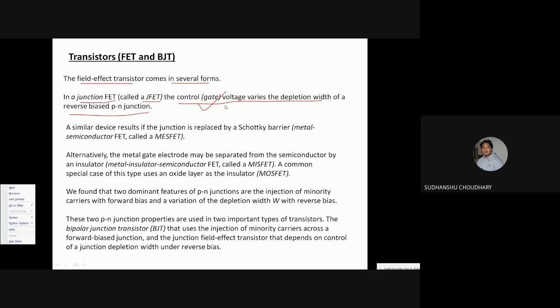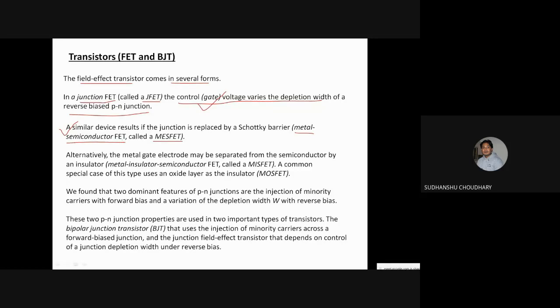Okay. Now before that, let us come to another similar device, which is called a MESFET, or metal semiconductor FET.